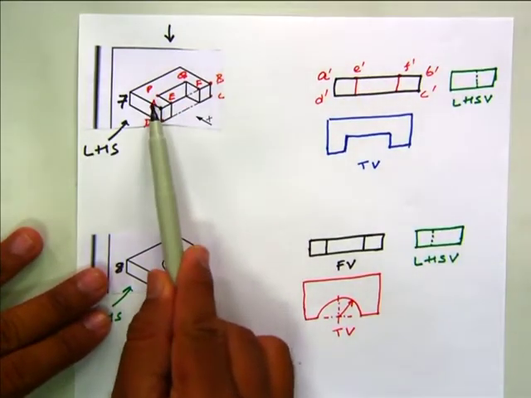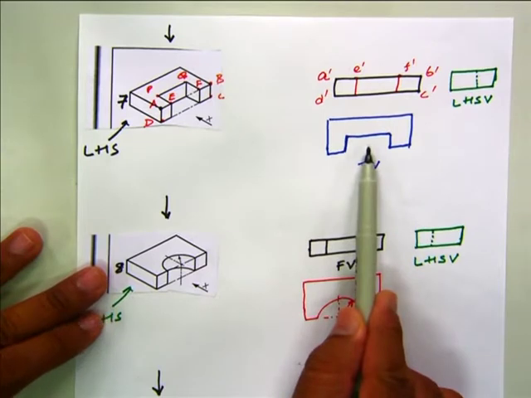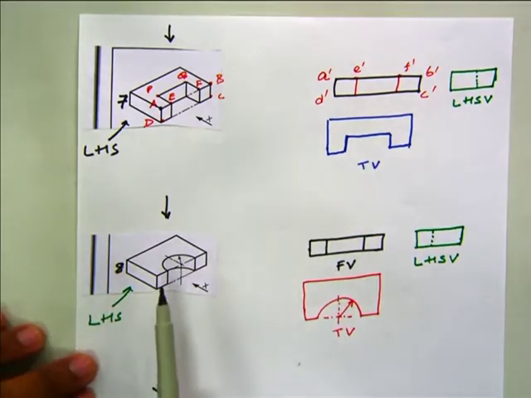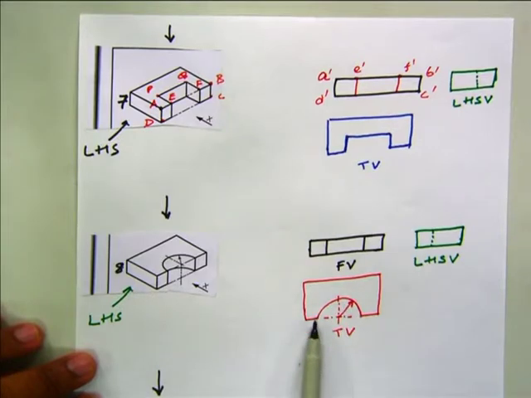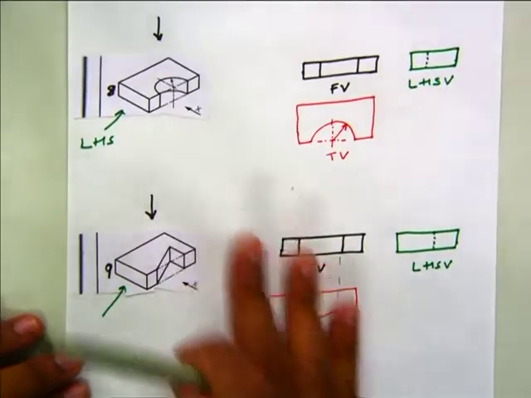If there is a recess like this, it looks like this in top view. If there is a semicircle in this, you can see the semicircle in top view.